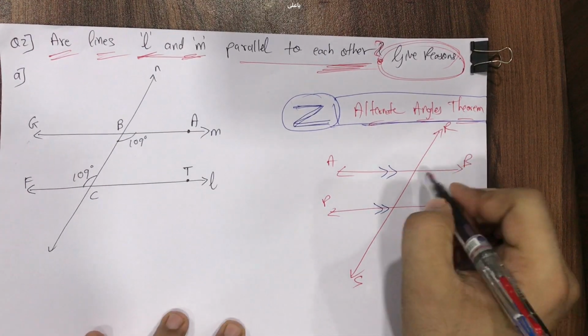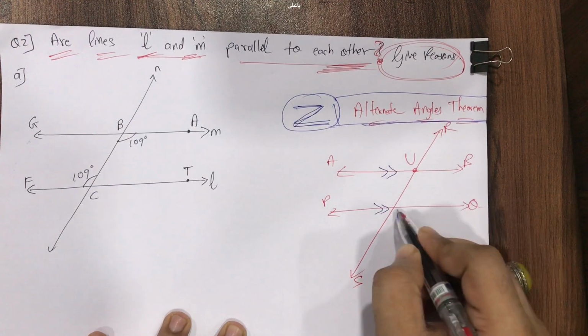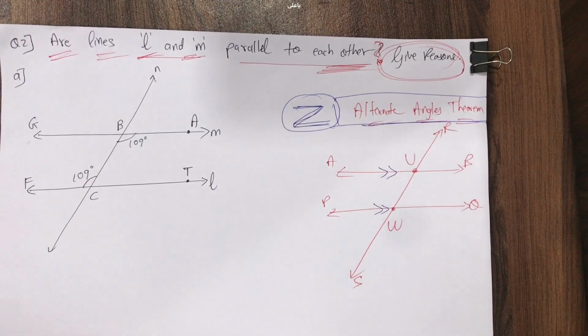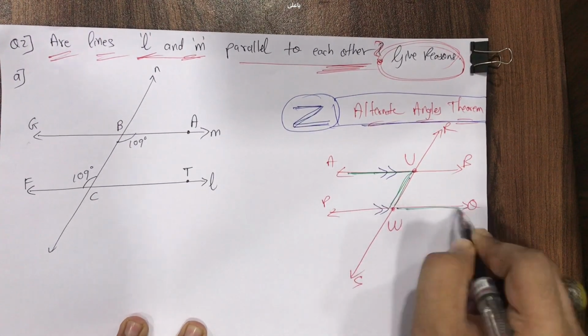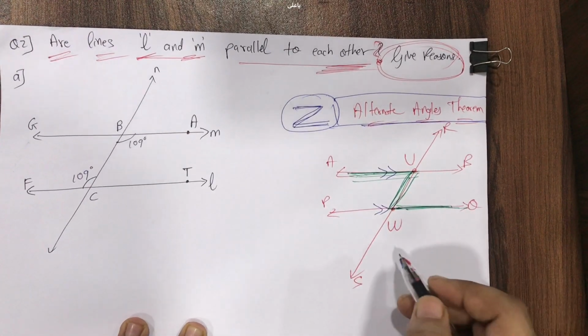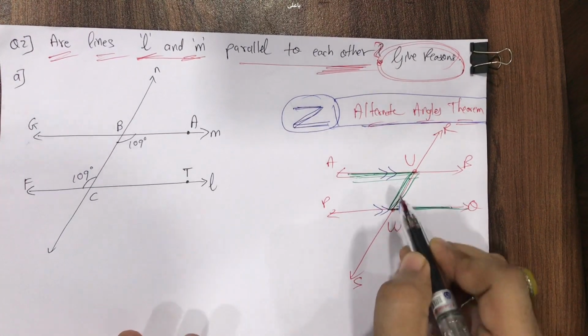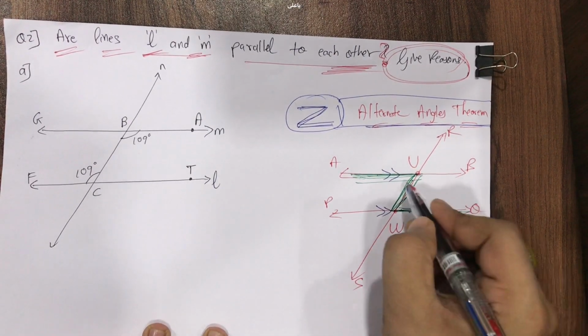Let me first write the names of this point also. Let it be U and let this be W. Okay, look for Z. Can I say a Z can be formed like this? Please students pay attention. It's a Z like this. So this angle, can you see I'm writing it over here as a small x.